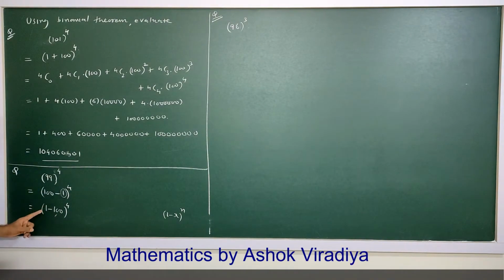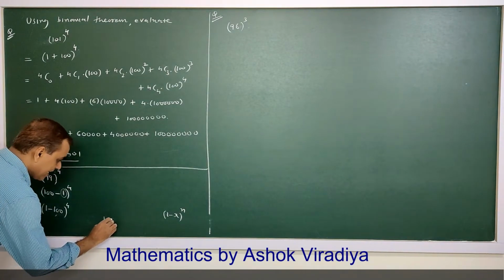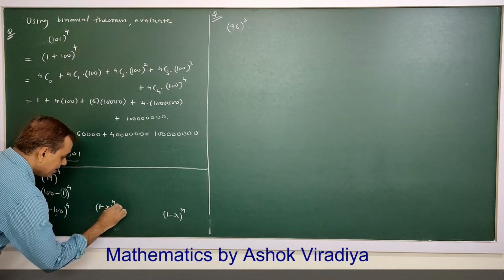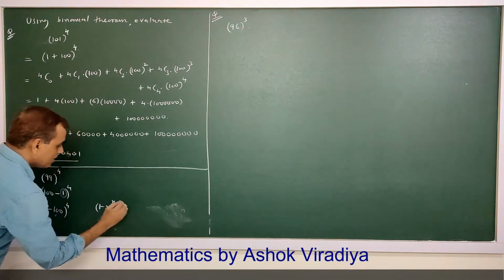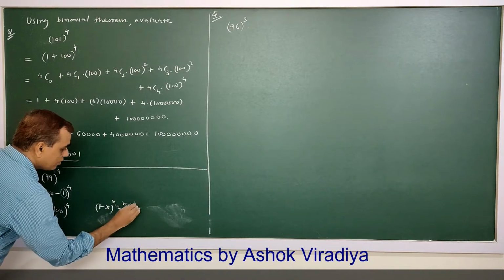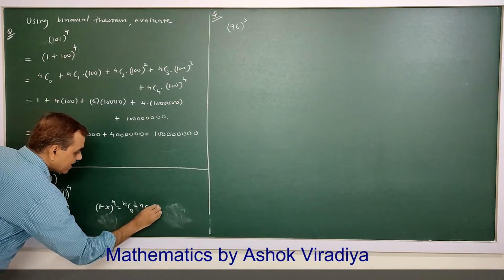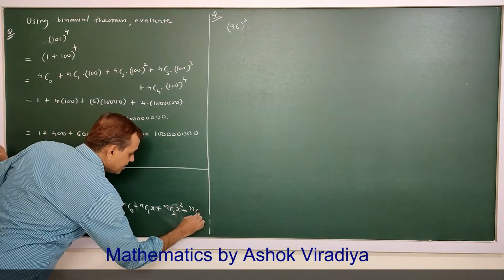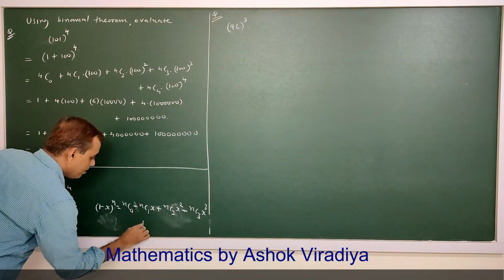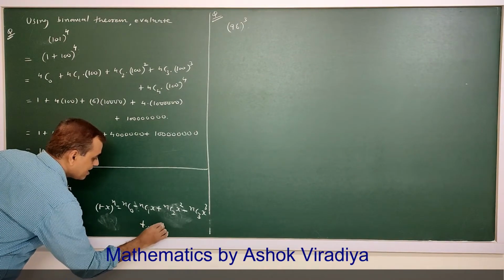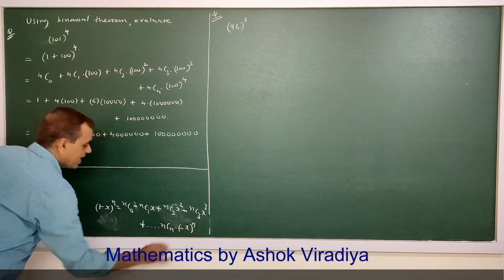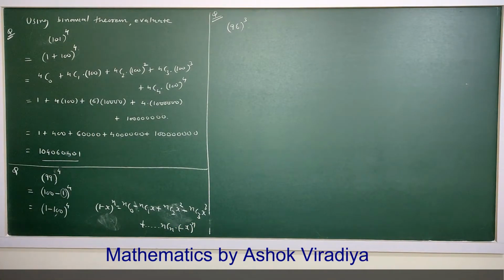Then you can apply this formula: (1 minus x) raised to n is nC0, then alternate signs, minus nC1 x plus nC2 x square minus nC3 x cube plus and so on, up to nCn, then minus x raised to n. So it can be done this way.